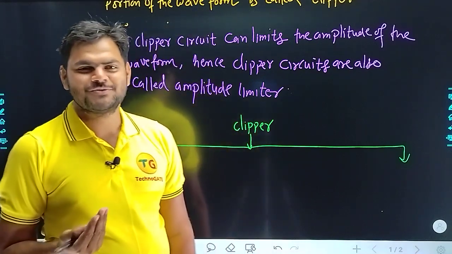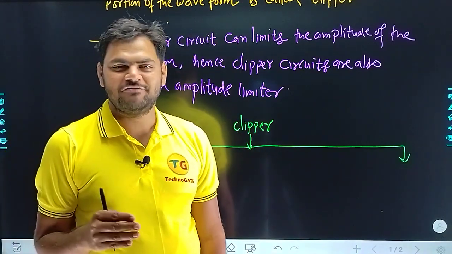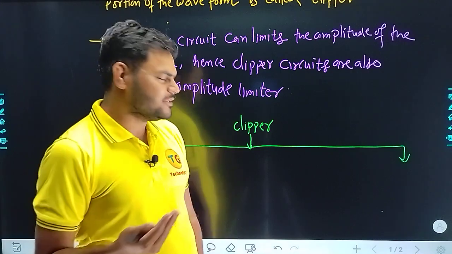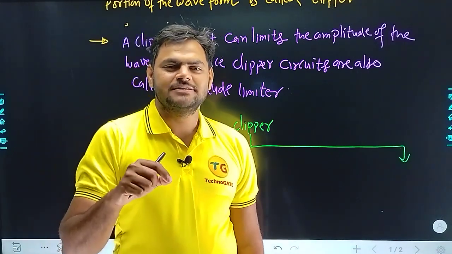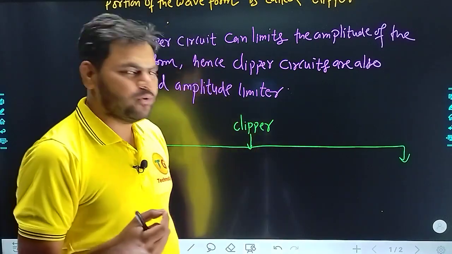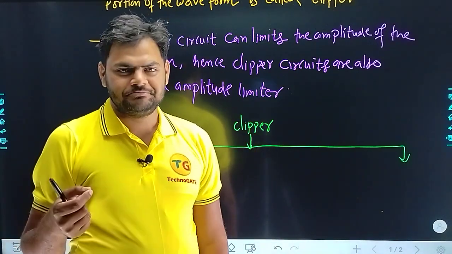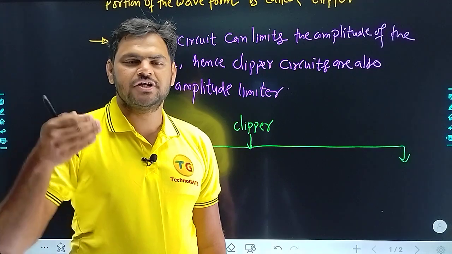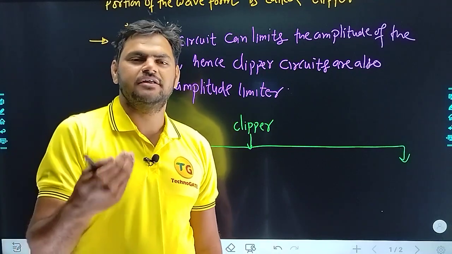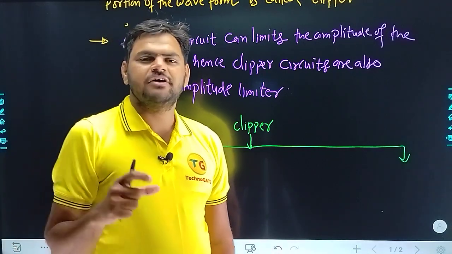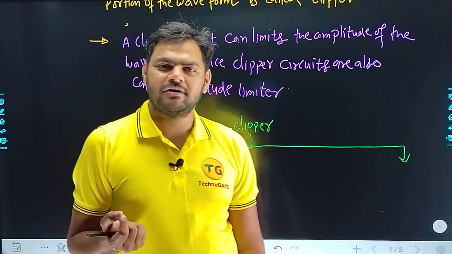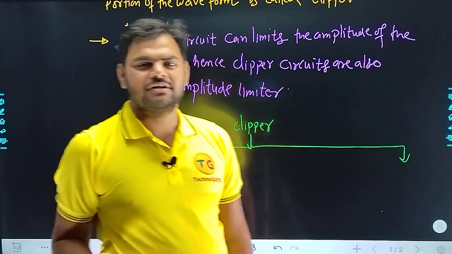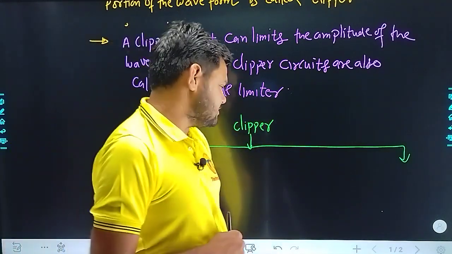The diode is the element which will be utilized for the clipping or cutting of the waveform. If the diode is connected in shunt with the output, at the terminal at which we are taking the output, we say shunt clipper. If the diode is connected in series with that, we say it is a series clipper.